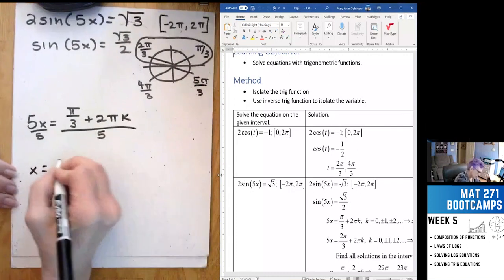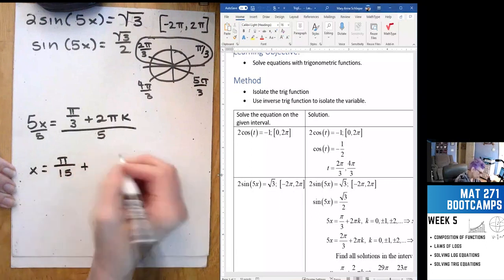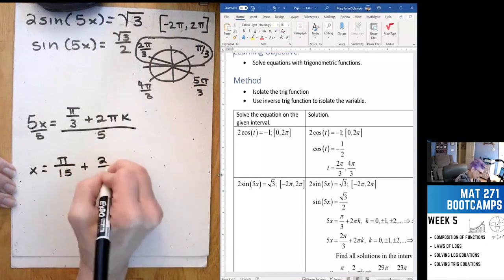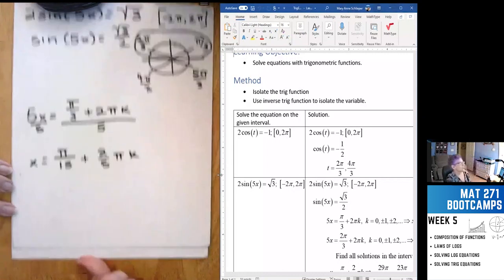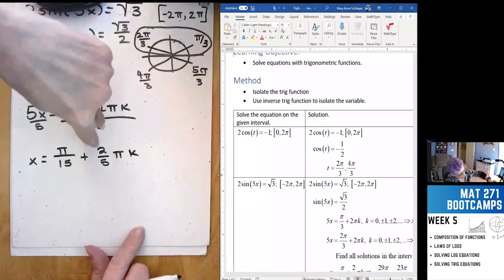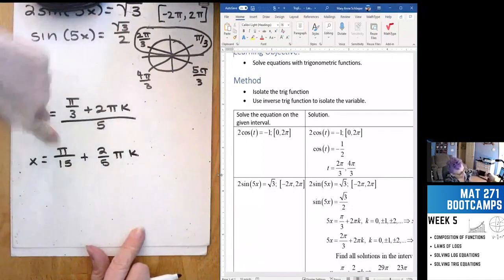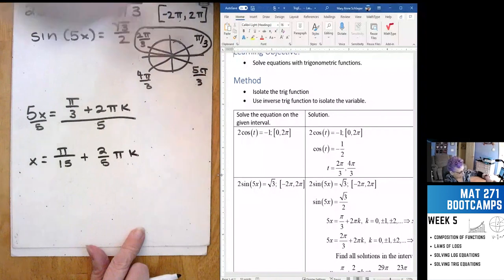So x is equal to pi over 15 plus 2/5 pi k. Now I have to add 2/5 to pi over 15 and see how many I'm going to find that are in this interval between negative 2 pi and 2 pi.